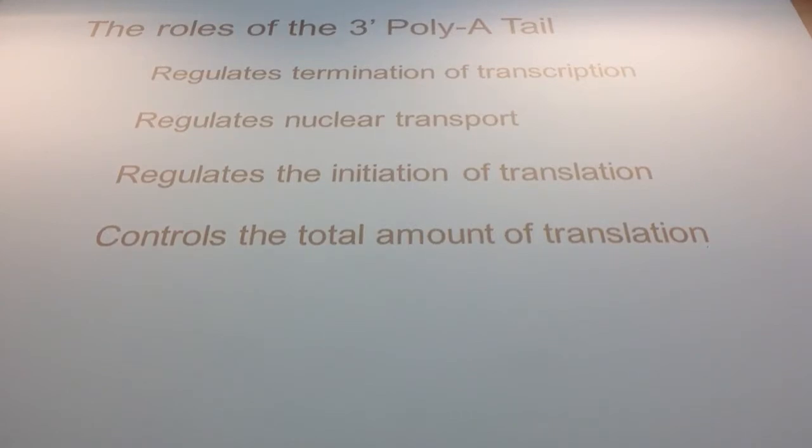However, one way to get around having to make a lot of transcripts and still have a lot of protein made is by making a much longer poly A tail. So the longer the poly A tail, the higher the amount of translation. Therefore, the higher the amount of polypeptides that will be made.